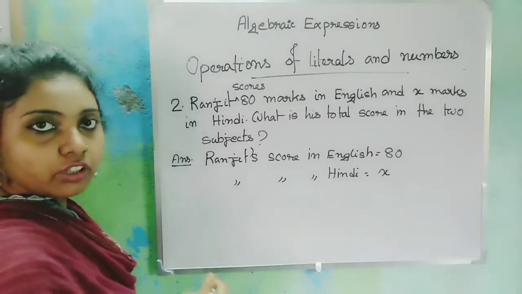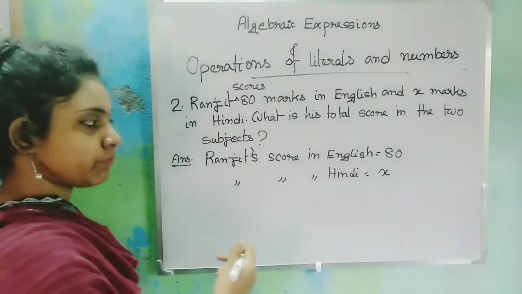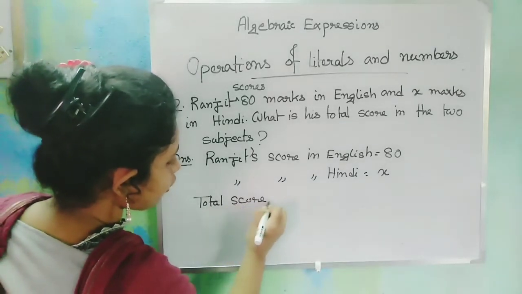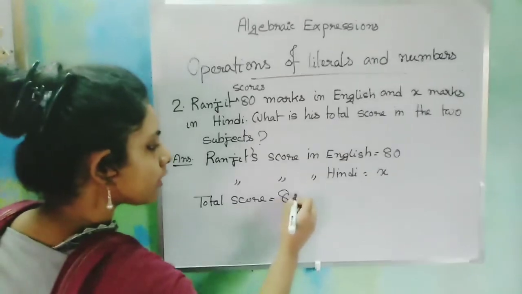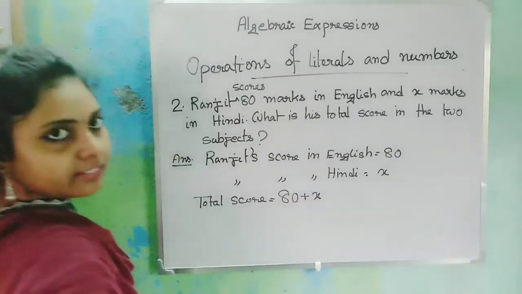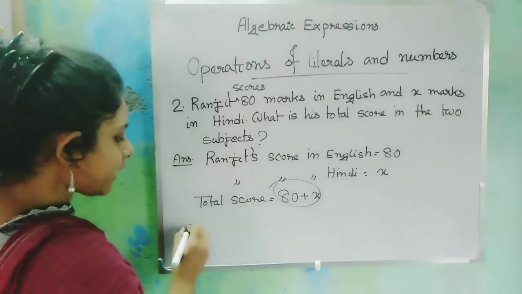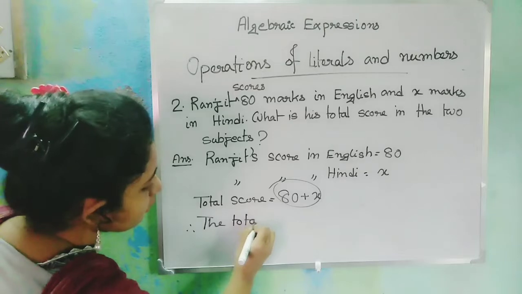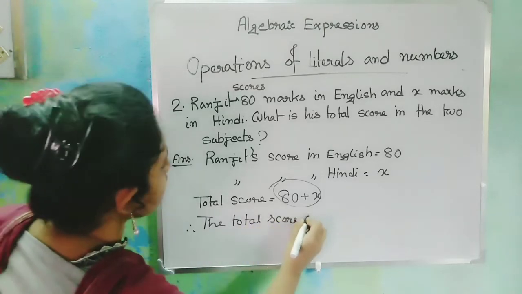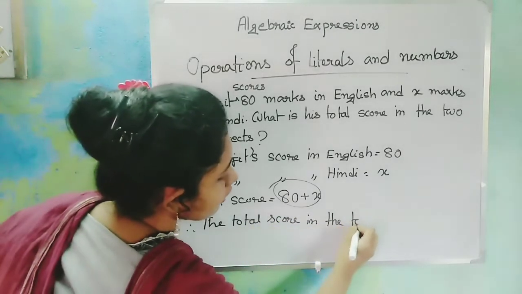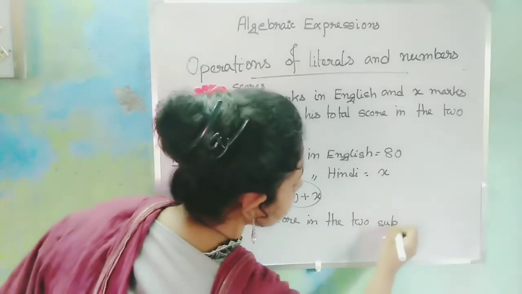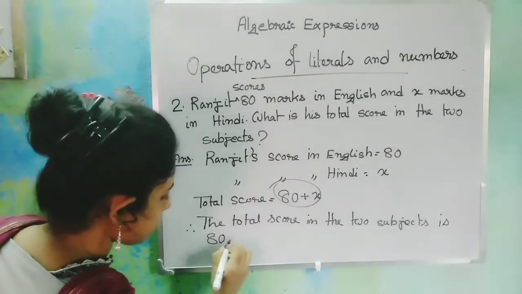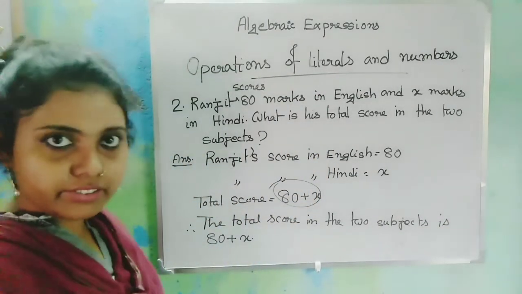So total score means we have to add them. Total score equal to 80 plus x. This is the answer. So the total score in the two subjects is 80 plus x.